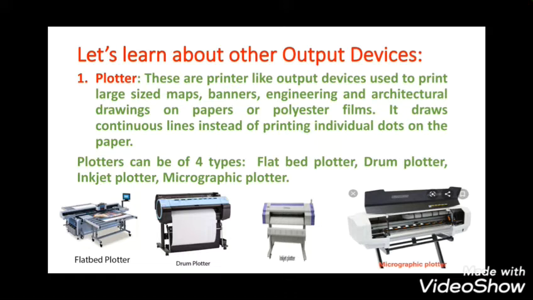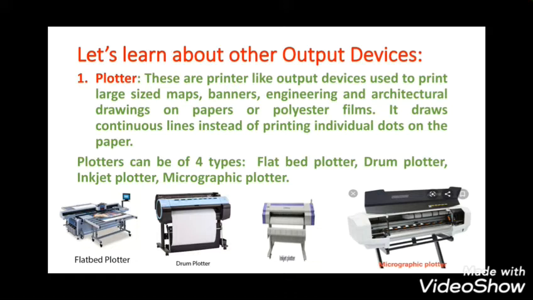Second is drum plotter. A drum plotter is a pen plotter that wraps the paper around a drum within a pin feed attachment. The drum then rotates the paper as a pen moves across it and draws the image. Third one is inkjet plotter. The inkjet plotter creates an image by spraying small droplets of ink onto the paper.